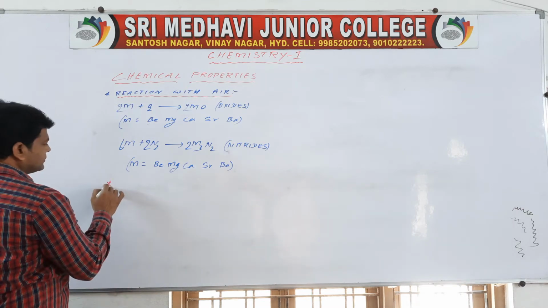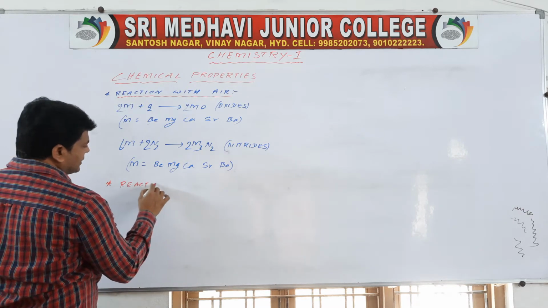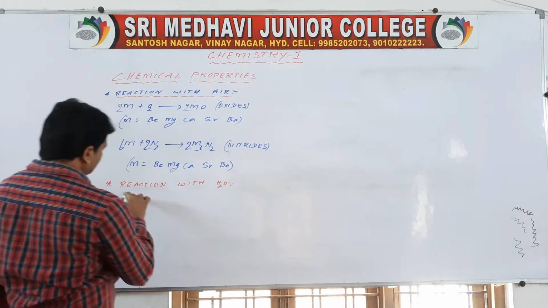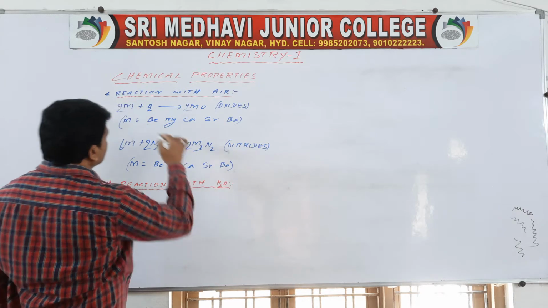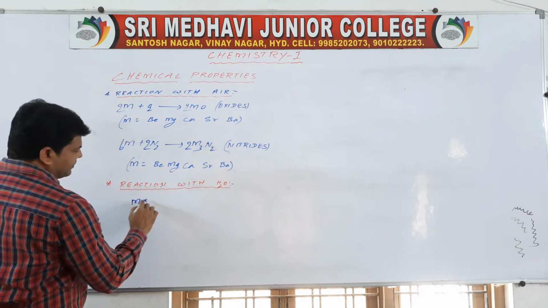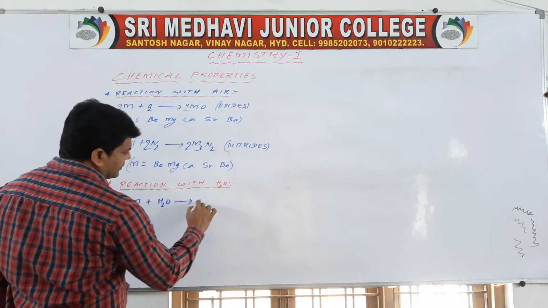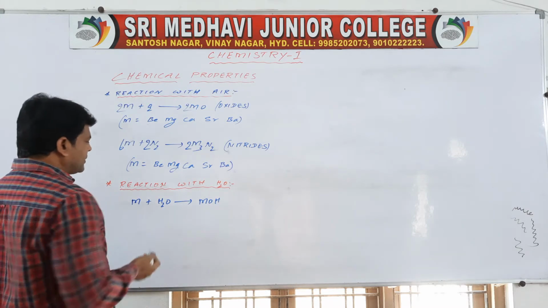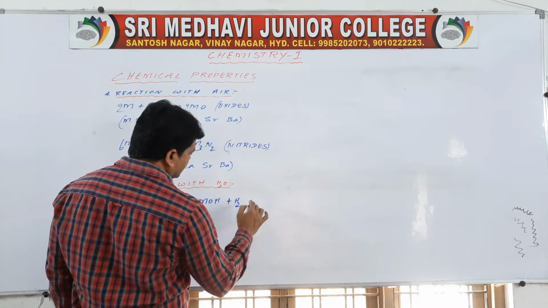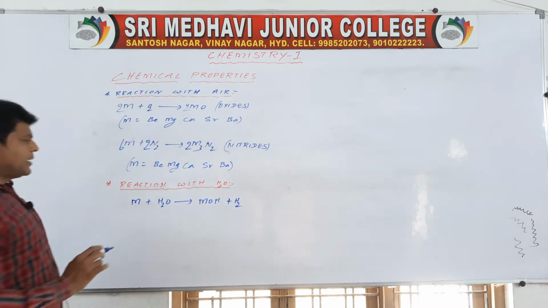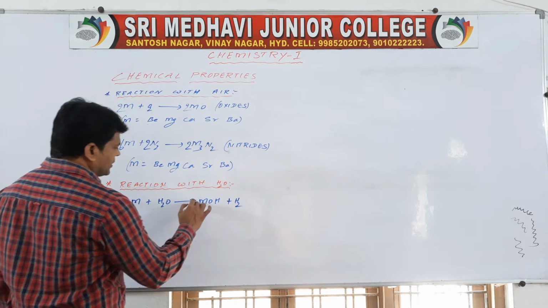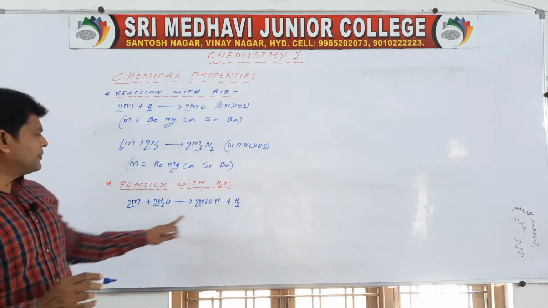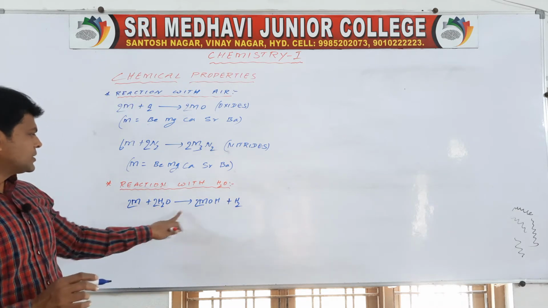Then reaction with water, H2O. M plus H2O gives rise to MOH type of hydroxides, which release H2 gas. If you take 2, then 2M, 2 2s are 4, 2 hydrogens, 2 oxygens.